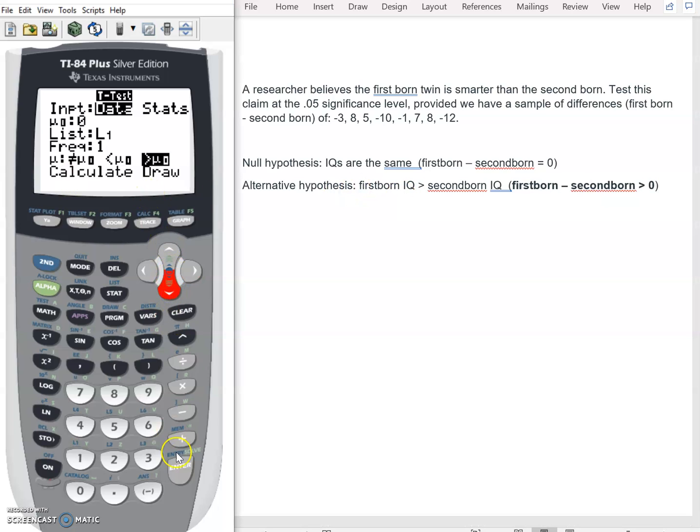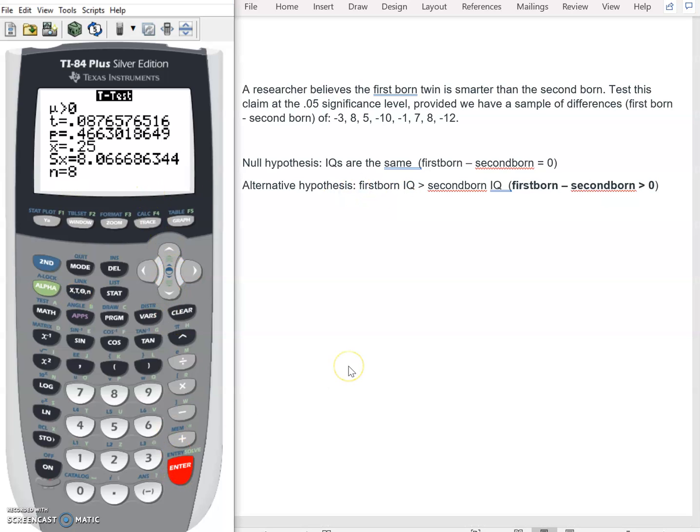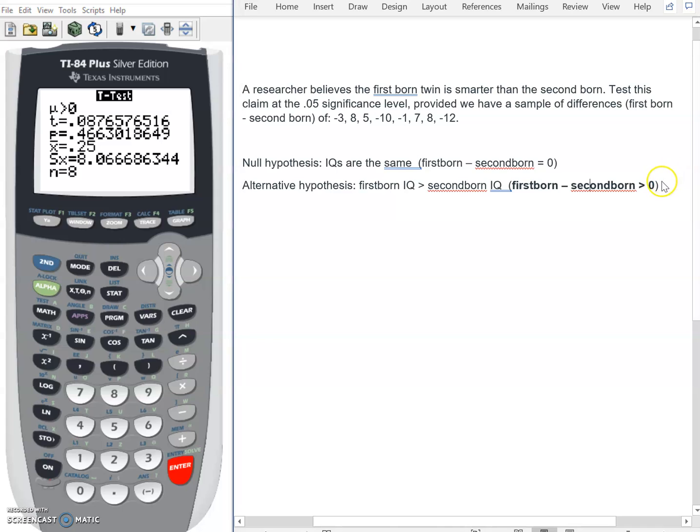Great. So we're going to calculate this. And it's going to give us a handful of things, right? It's going to give us our test statistic t, since we're doing a t-test. It's going to give us a p-value. Okay, so our p-value is 0.4663. That's a pretty large p-value. That's certainly greater than our alpha of 0.05, right?